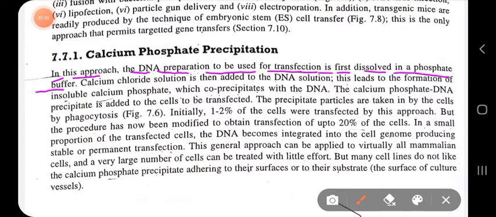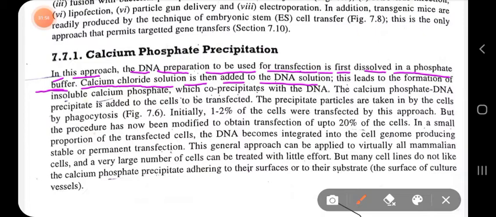Well, we use phosphate buffer for stabilization of DNA. Here, after preparing and stabilizing the DNA, we dissolve the DNA in phosphate buffer solution. Then calcium chloride solution is added to the DNA solution.